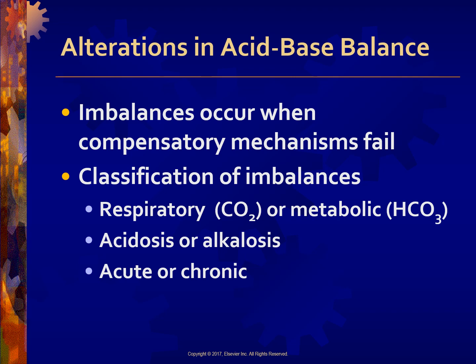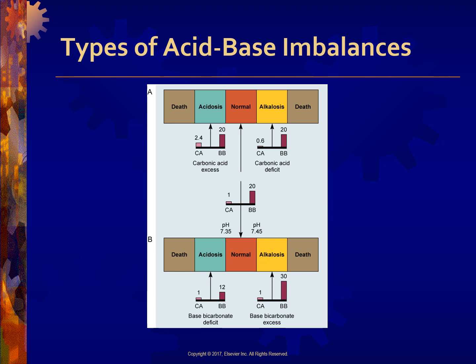Imbalances are further classified as acute or chronic. Chronic imbalances allow a greater time for compensatory changes. Acidosis can be caused by an excess of carbonic acid, which is respiratory, or a decrease in bicarbonate, which is metabolic. Alkalosis can be caused by a decrease in carbonic acid, which is respiratory, or an increase in bicarbonate, which is metabolic.